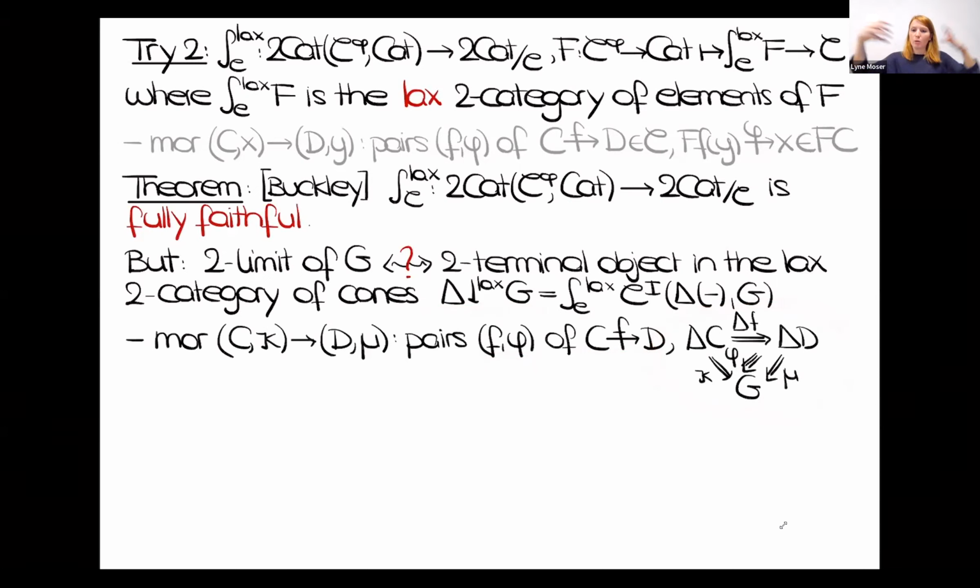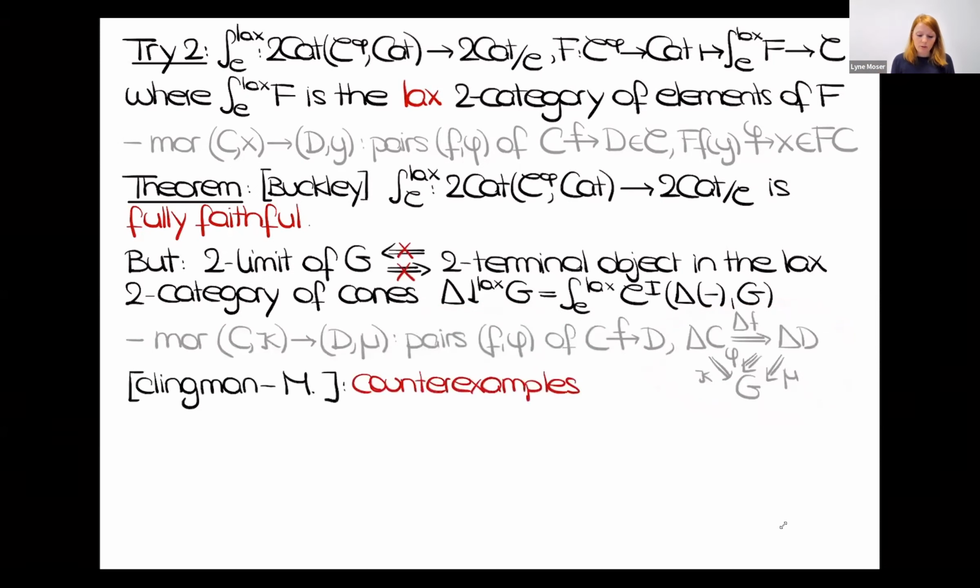So now it seems like we also see the modifications between the cones. But this is also not true. And actually, with Clingman, we have counterexamples showing that both directions fail. So what it's telling you is that the lax slice, or this lax two-category of cones, is not at all related to a two-limit via this two-terminality condition.